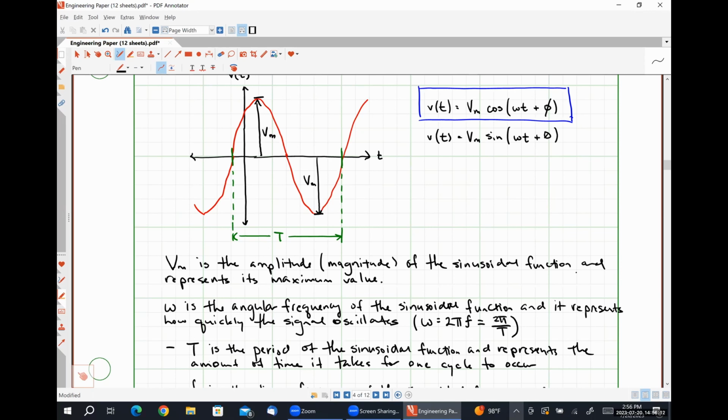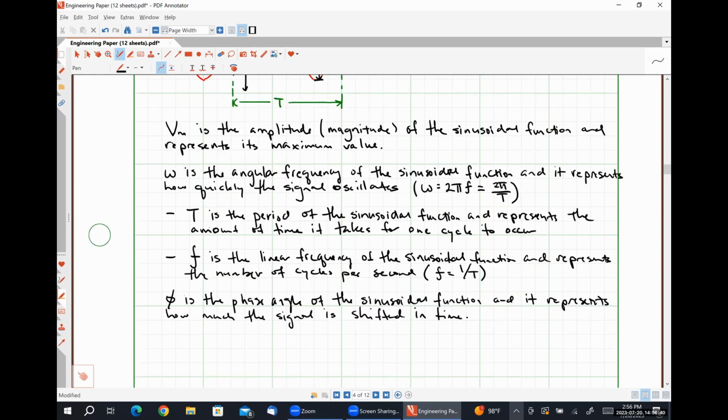It's time shifted to the left, because it is hitting 0 and increasing at a negative value of t instead of hitting 0 and increasing at t equal to 0. Okay. So our phase angle is just a representation of how forward in time or backwards in time our waveform has been shifted.